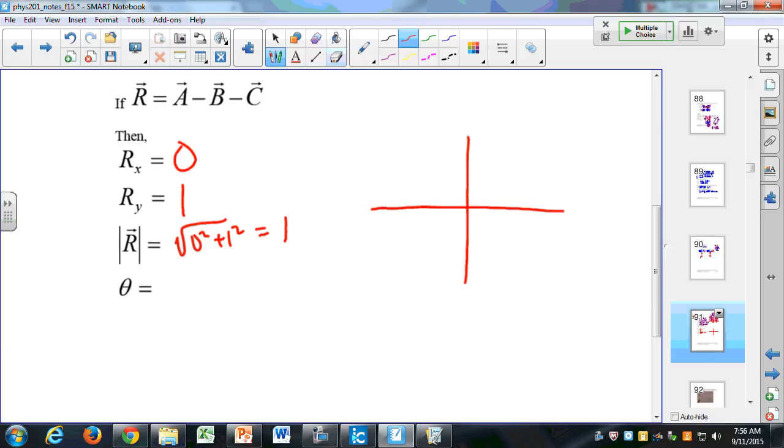So I have an x component that's 0, a y component that is 1 meter long, and so the angle of that vector is 90 degrees. Okay? So if you want to go through this whole process, you can just say the inverse tan of 1 over 0. Oh, will that give you 90 degrees when you put it in? No, that doesn't work. It gives you an error. But you should be able to draw it and just show that it's equal to 90 degrees.